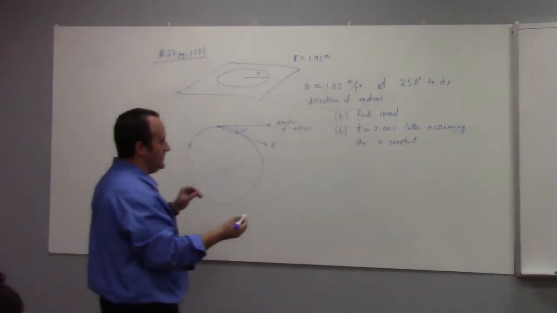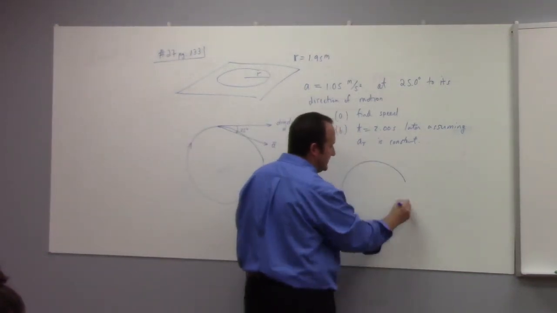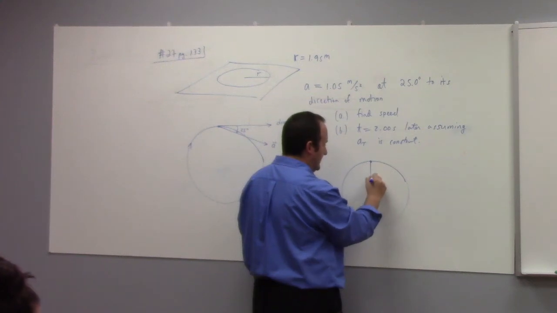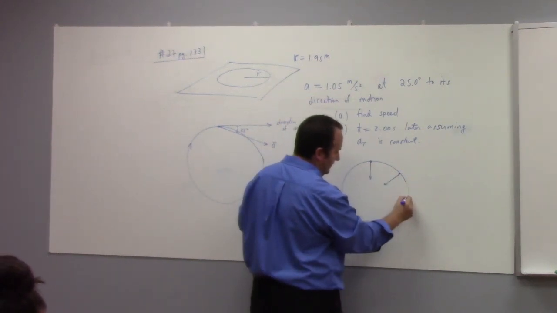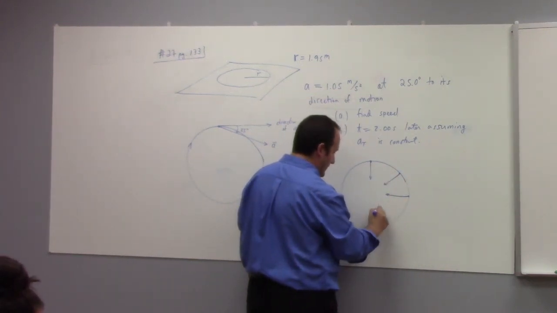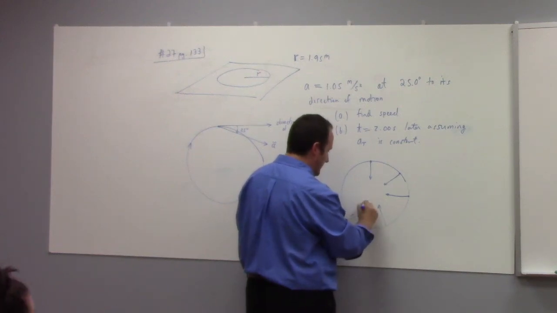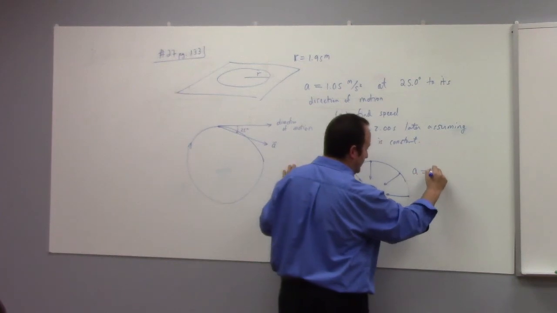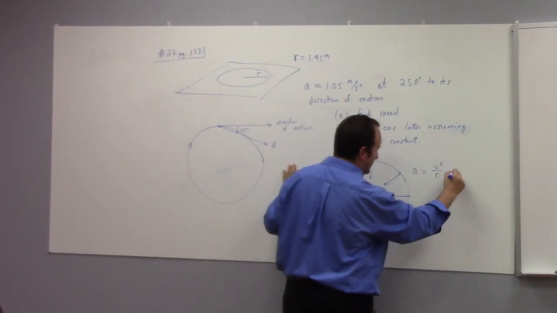Here's the acceleration for constant speed circular motion. At any point in the motion, the acceleration vector just points towards the center, and these should all have the same length. The acceleration is just v squared over r, center seeking.